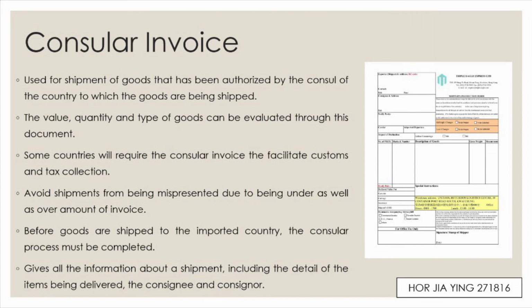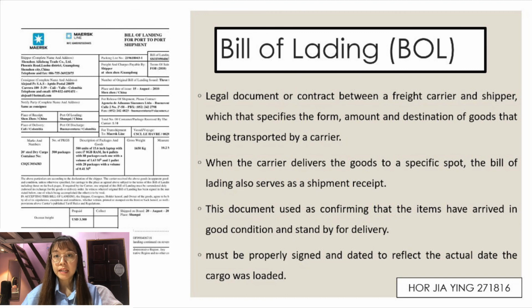Moreover, the bill of lading, which is BOL, also needs to be prepared if you want to export goods to Australia. Actually, this document is a legal document or contract between a freight carrier and the shipper that specifies the form, amount, and destination of goods being transported by a carrier.